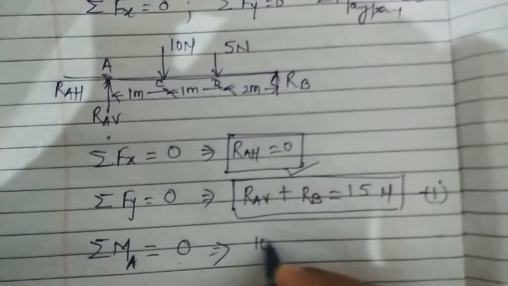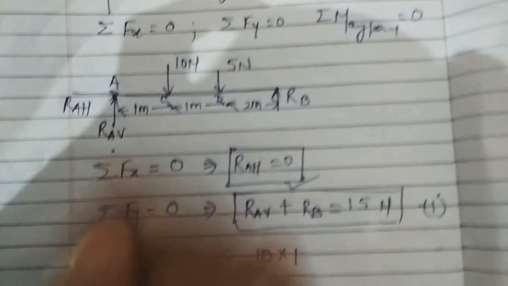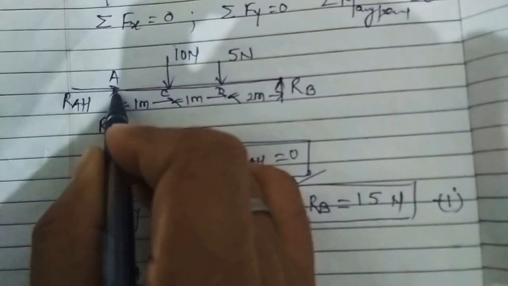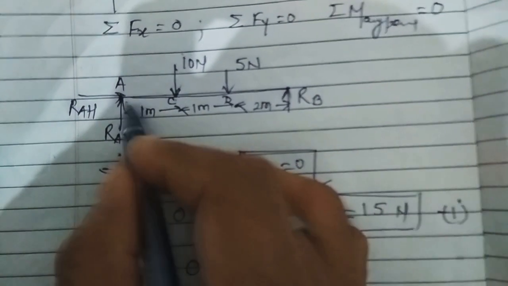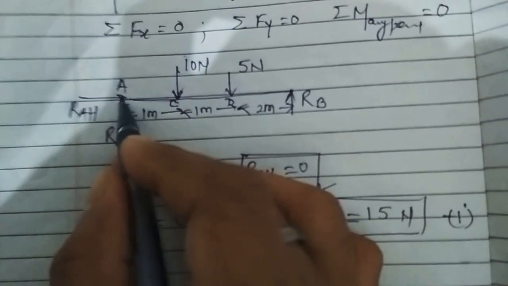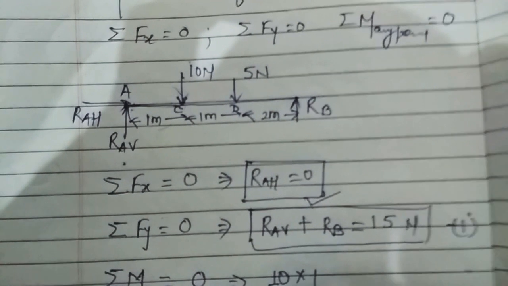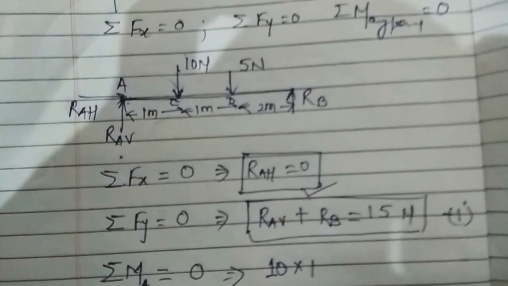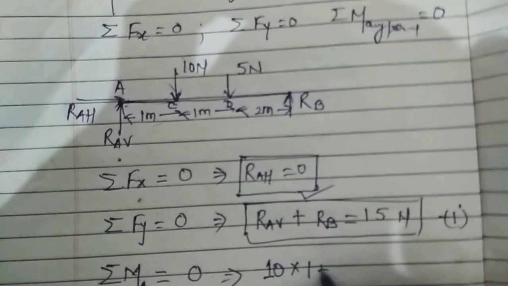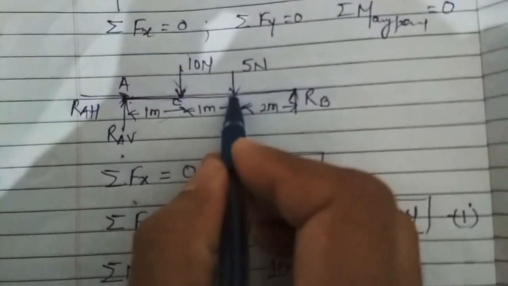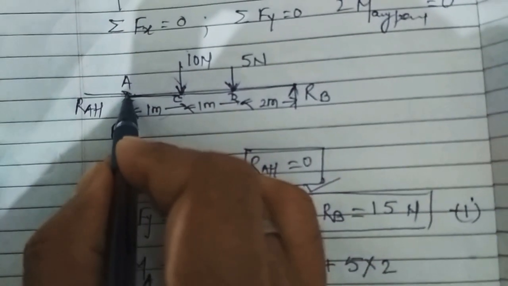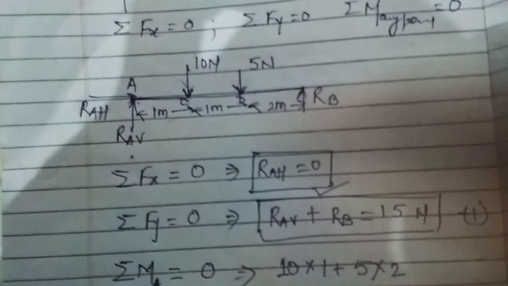The moment of the 10 Newton force about point A is 10 into 1, and the direction of the moment is clockwise. We have assumed that clockwise moment is positive, plus 5 into 2. The distance of the 5 Newton force from point A is 2 meters.